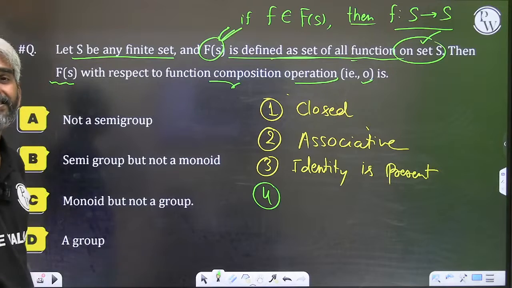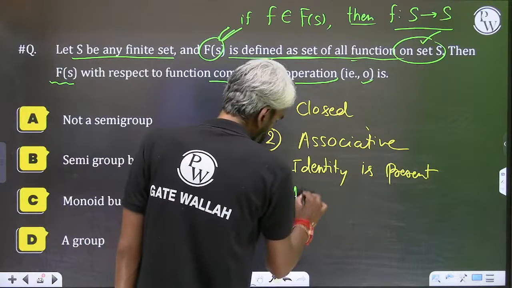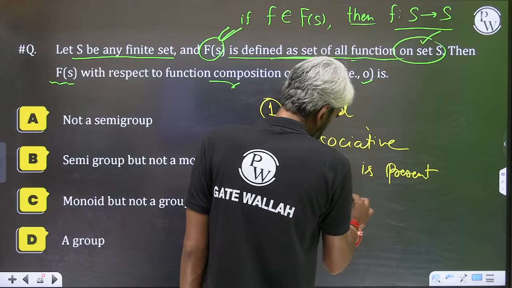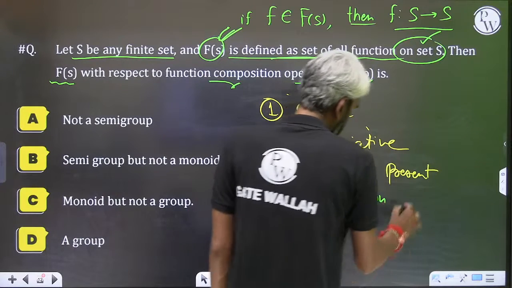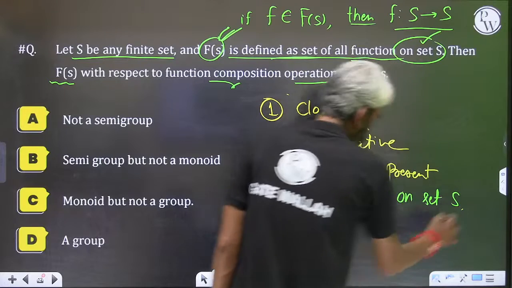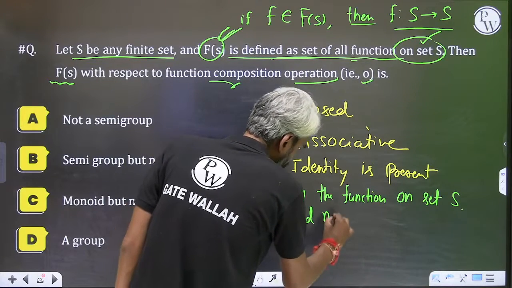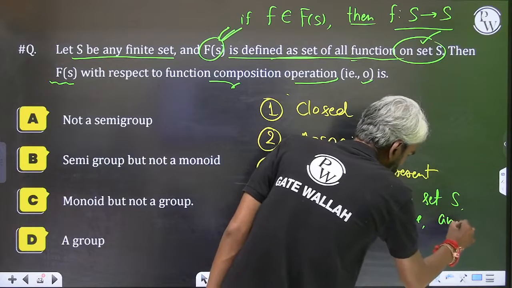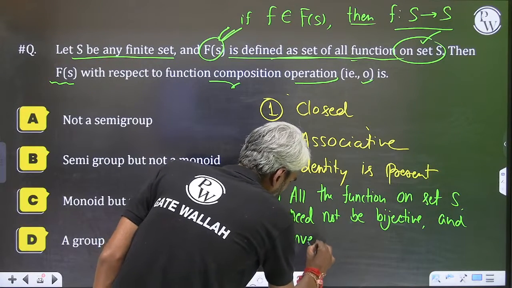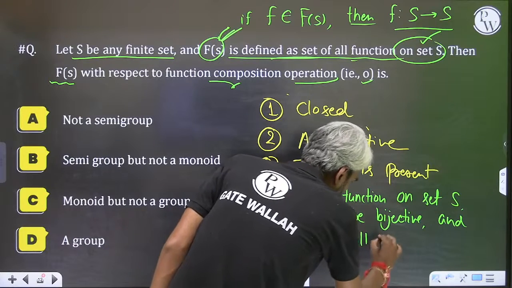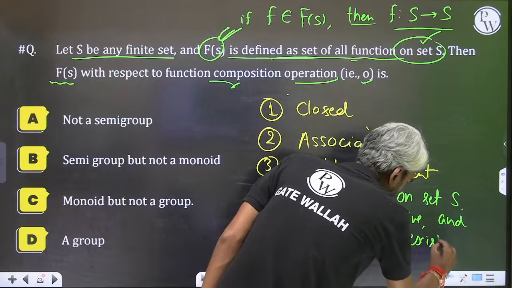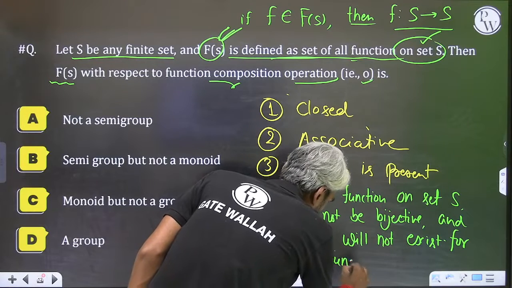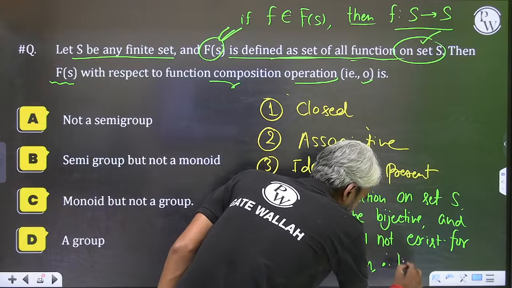All functions on set S need not be bijective, and the inverse will not exist for those functions. Therefore, not a group.